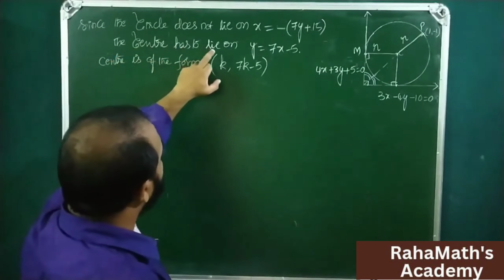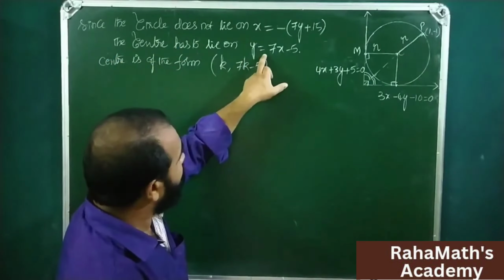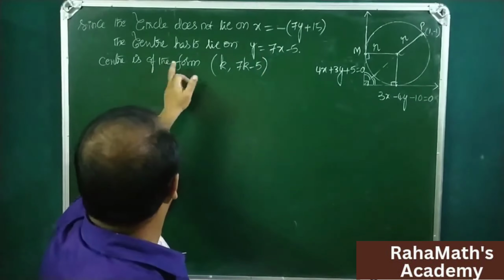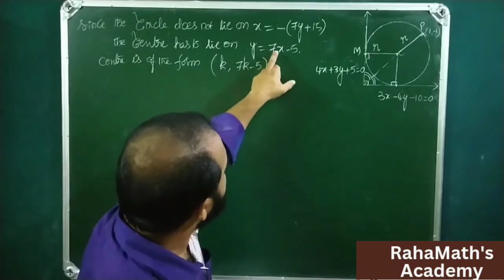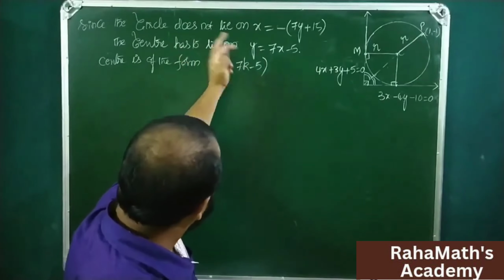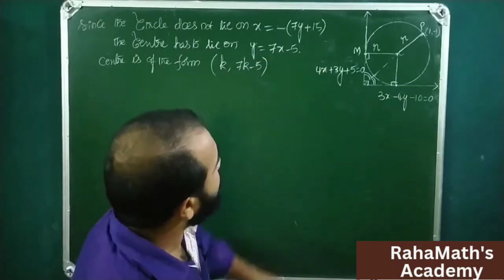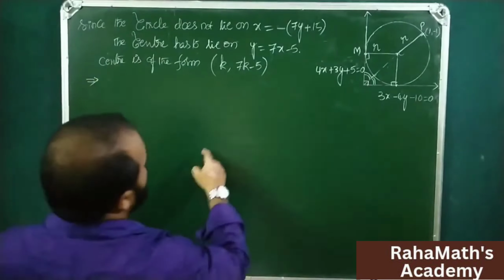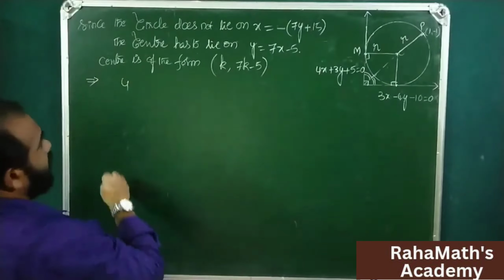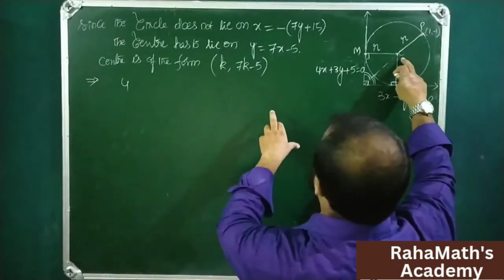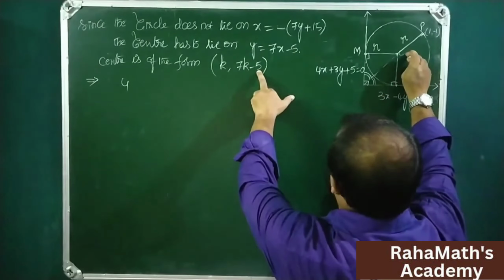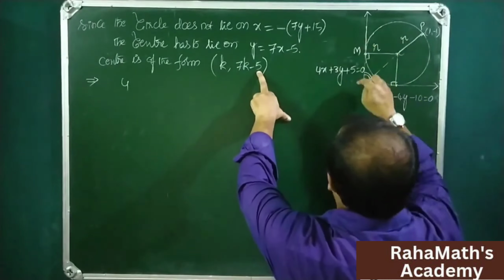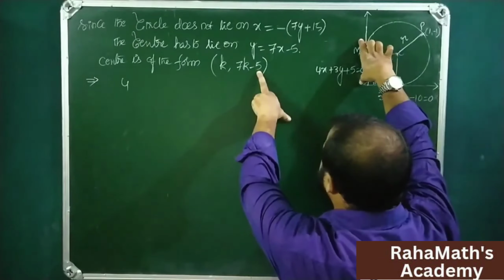The center has to lie on the other possibility which we have prepared before, y is equal to 7x minus 5. So it is of the form k comma 7k minus 5. If you take x coordinate k, then y coordinate is 7k minus 5. So C is k comma 7k minus 5. The perpendicular distance from the center of the circle to any one of the lines, so this line I am taking.